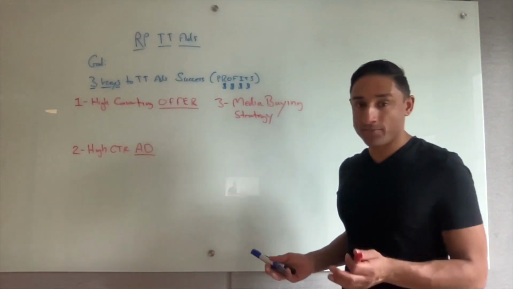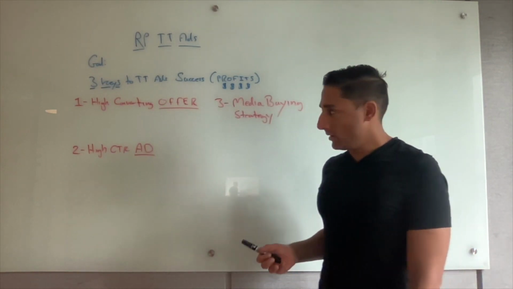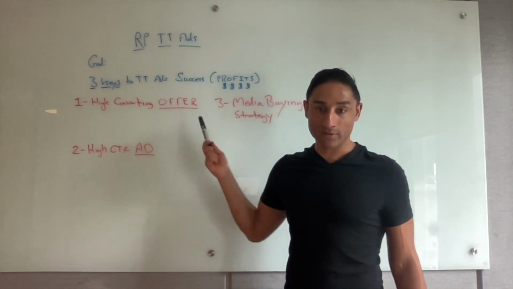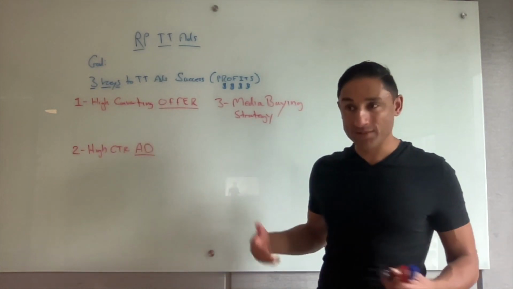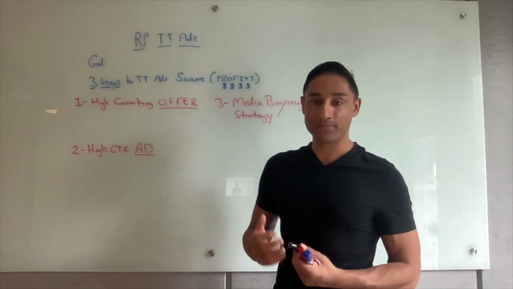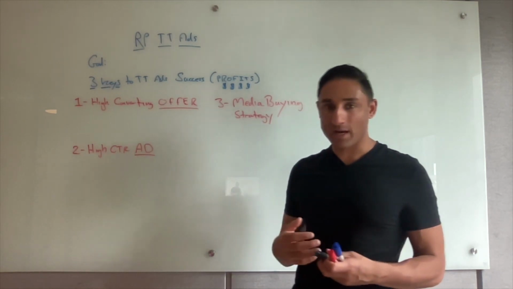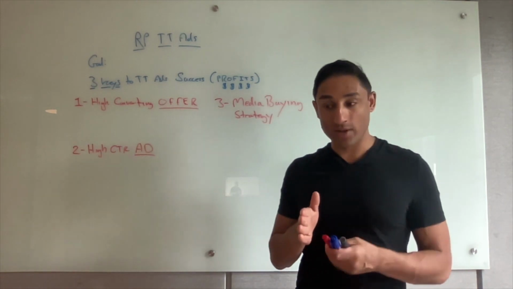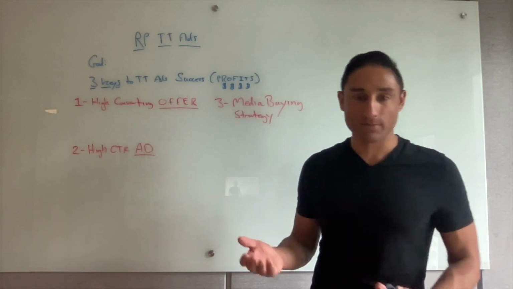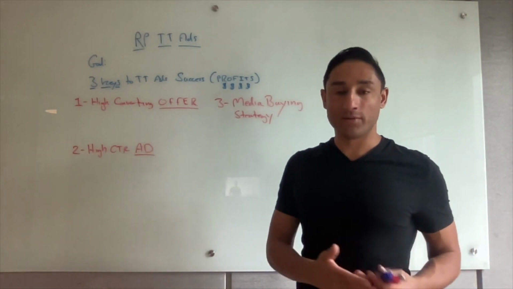So it's quite simple, okay? If you want to have profit, which is the goal, you've got to have these 3 keys, okay? The first is a high converting offer. Now this is probably the most obvious thing, okay? A high converting offer. And by the way, what we're talking about right now applies whether you're an affiliate, which is what AFLabs is all about, teaching you how to make serious money as an affiliate with paid ads, or if you own your own offer.